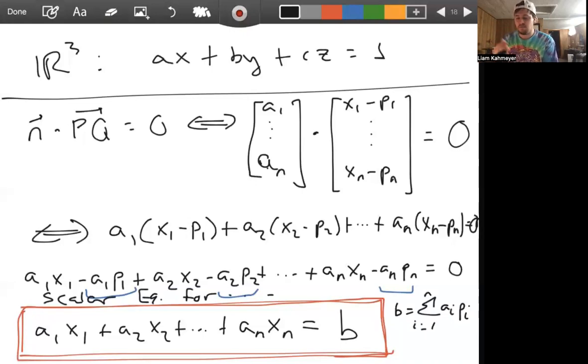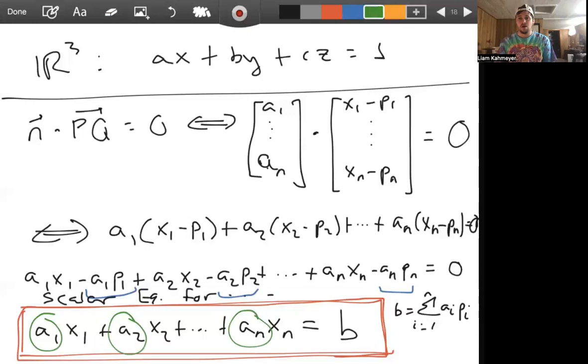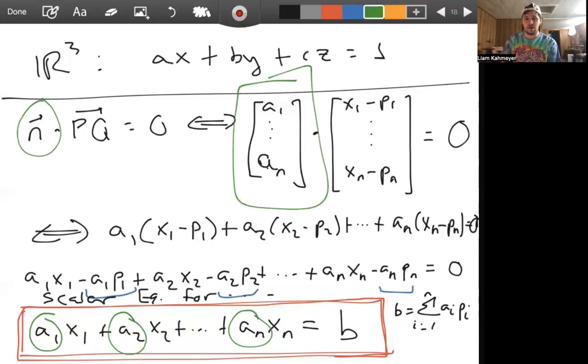normal vector n. And I really want to point out that the coefficients of every variable are precisely the normal vector. The normal vector n was a1 through an.